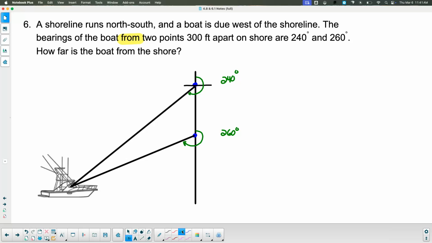Which means that this angle here is how much? It's a math angle, so it's a trig angle. How big is that angle? 60 degrees. 180 to here, 60 more gets me to 240.